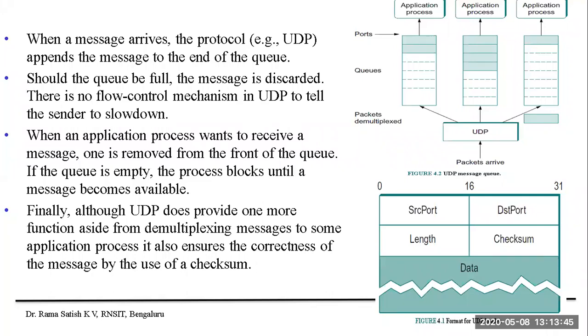The same source port and destination port will have the same data transmitted, and for every port it maintains a queue, and it will give the data, message or packet to that particular port's queue, and that queue will be utilized by the application process. And it also maintains the checksum. This is the overall summary of UDP.